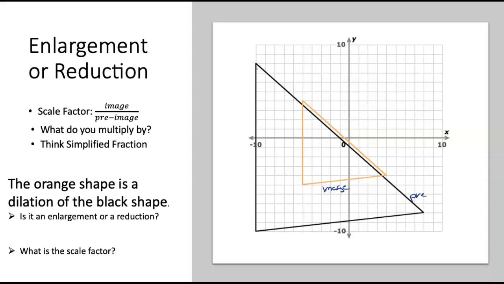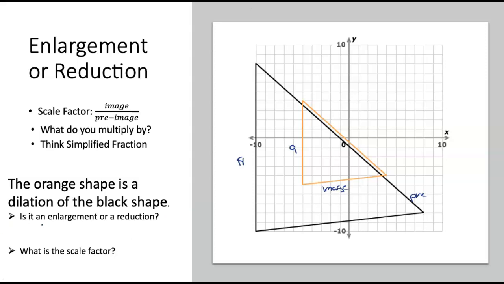My pre, 1, 2, 3, up to 18. Looks like 18. And the orange is 1, 2, 3, 4, 5, 6, 7, 8, 9.